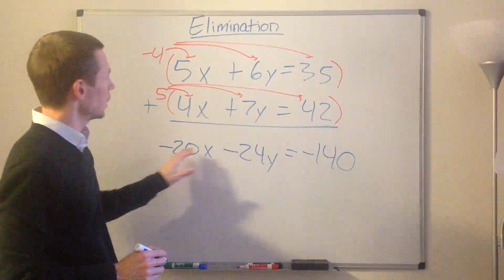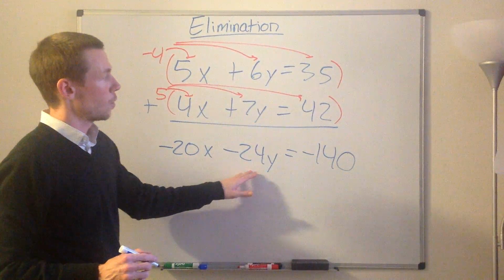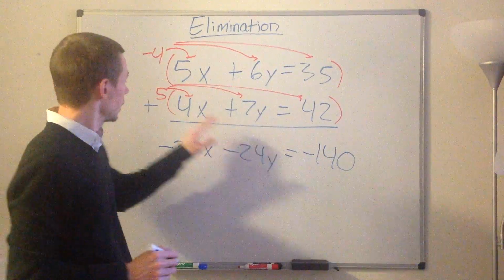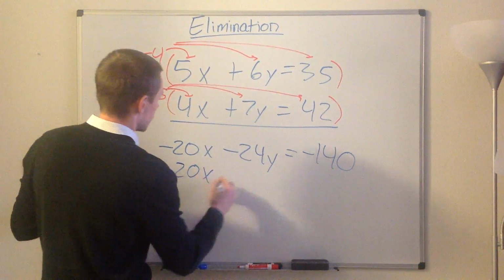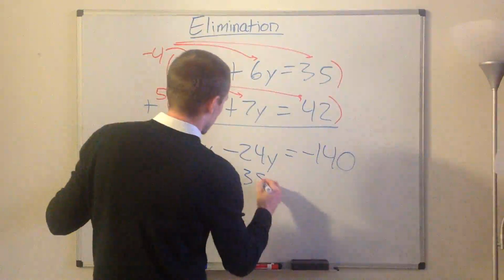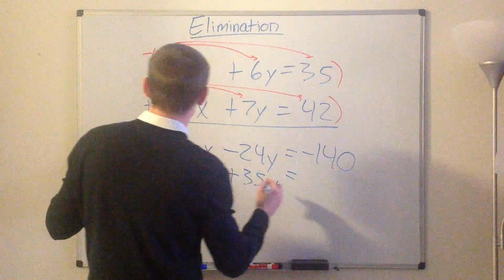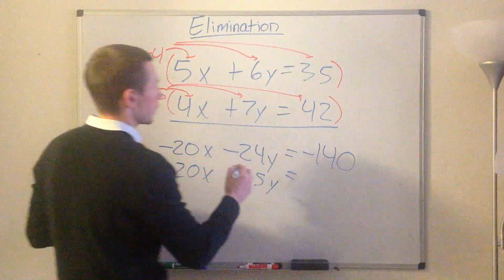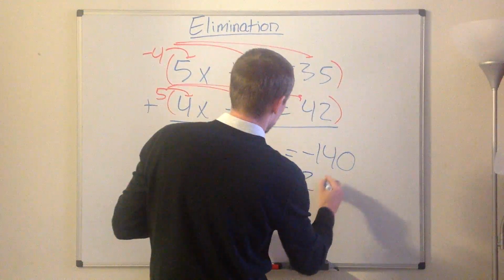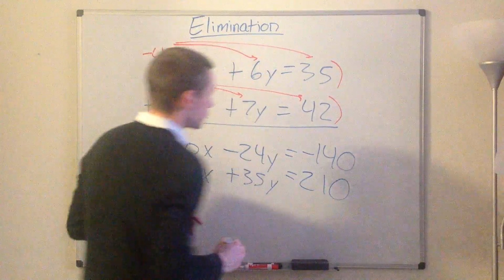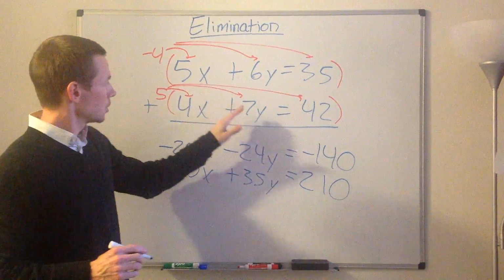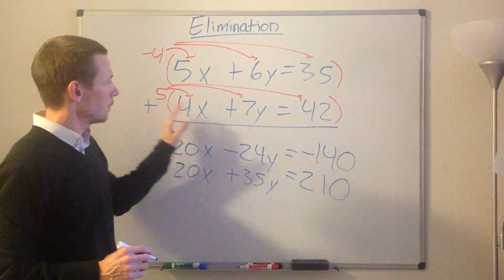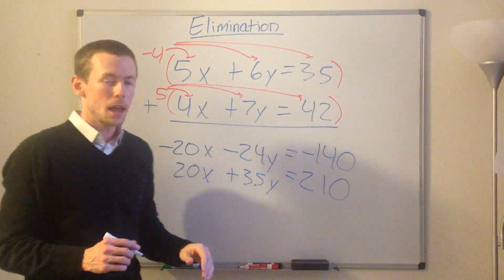I got negative 20x minus 24y equals negative 140. Down here I'm going to multiply by 5. Five times 4 is 20, 5 times 7 is 35, and 5 times 42 is 210.